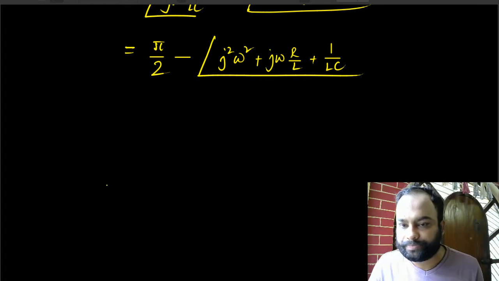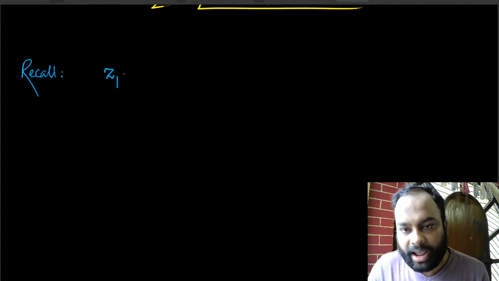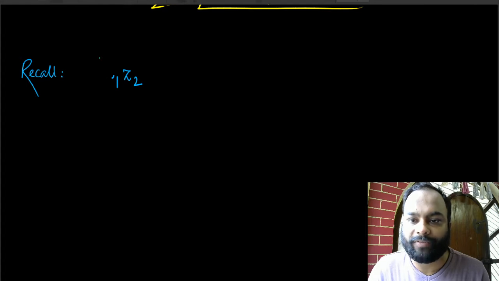Now let's go back and recap from our school level mathematics. Recall that if I have two complex numbers, say z1 and z2, and I want to find the argument of that, that is the angle of this entire thing.